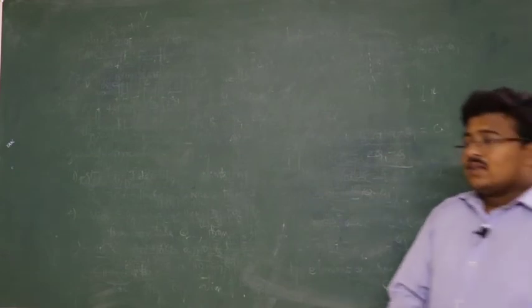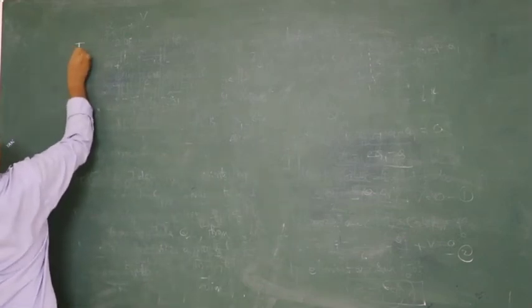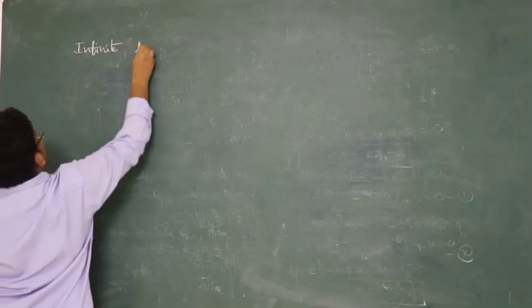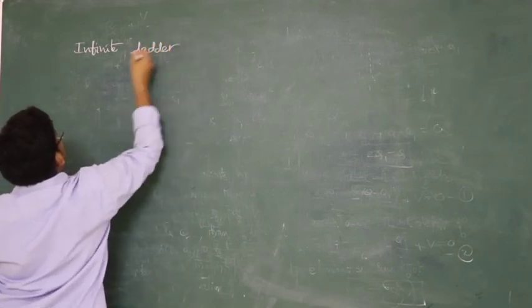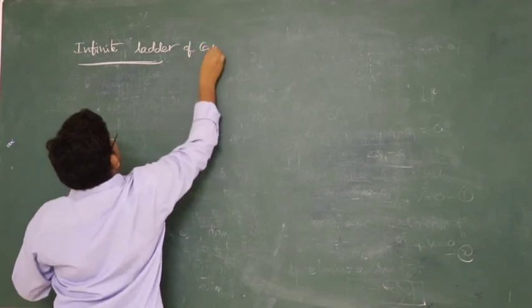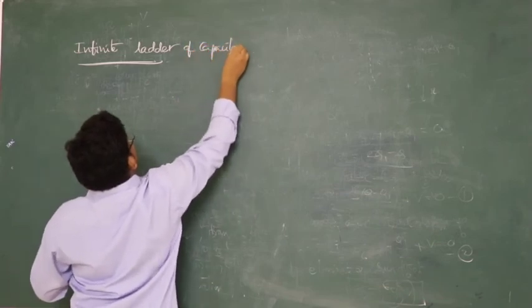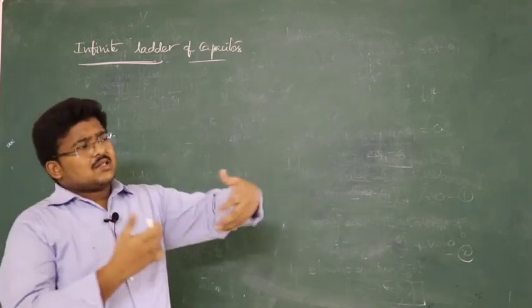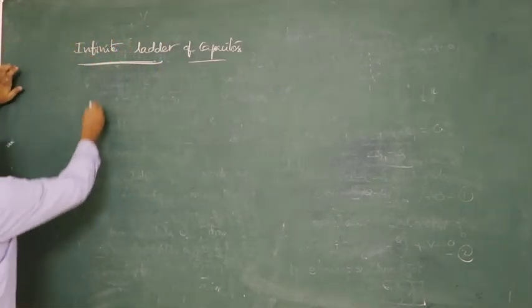If in some questions they give infinite capacitors, that is nothing but an infinite ladder of capacitors. How do we solve this type of question? I will give you one question.